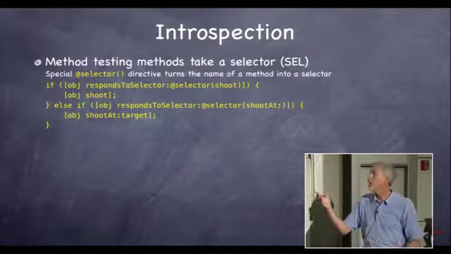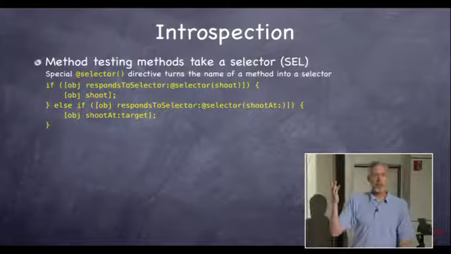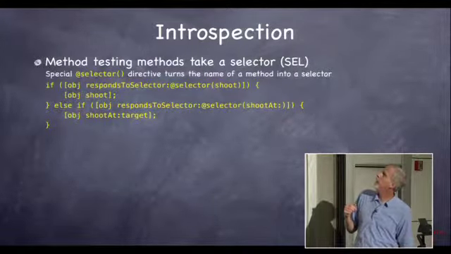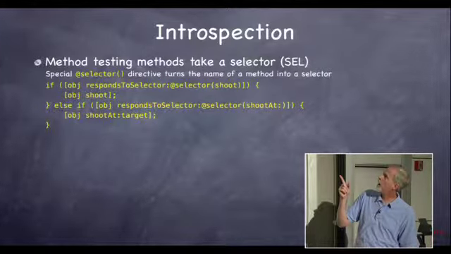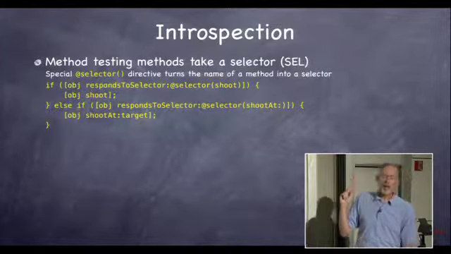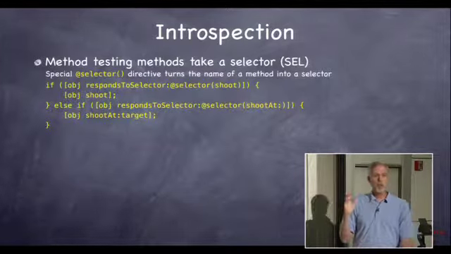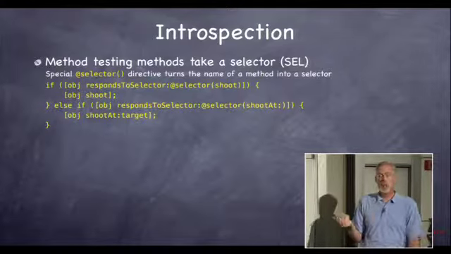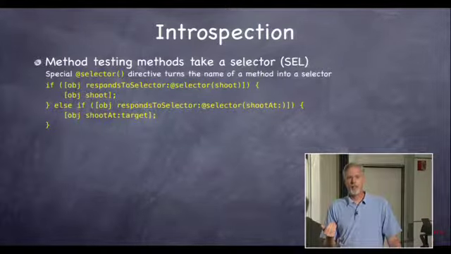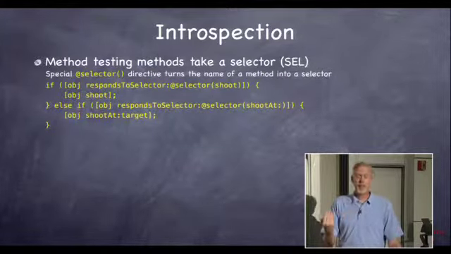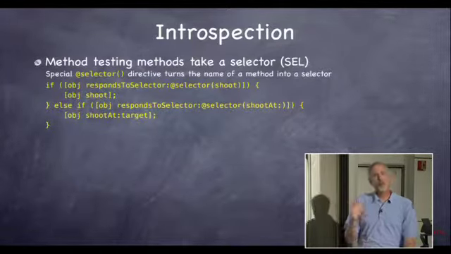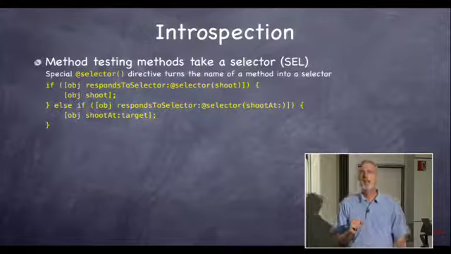So look at the second one, for example, shootAt: takes one argument, and it's probably an object or something. But in any case, you see object respondsToSelector shootAt:, then you can send that message and it won't crash. Notice that the types of the arguments are not encoded here in the @selector. So if you had the same selector that had different argument types, that could be a little bit of an issue, so don't do that.